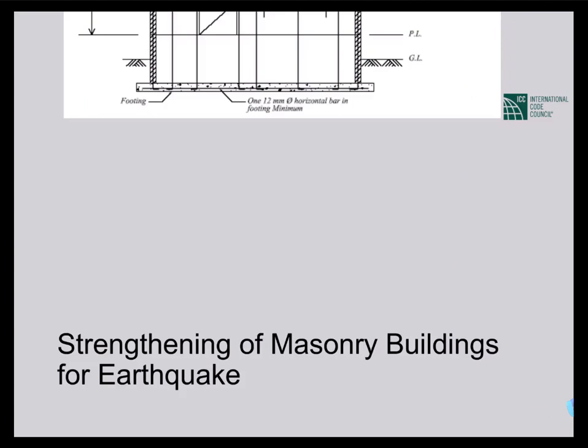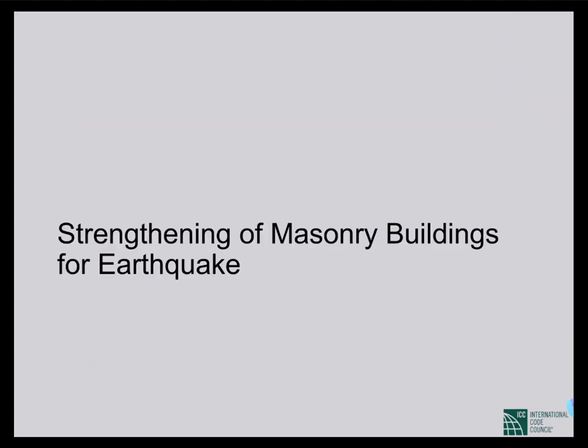So that was earthquake resistant design of masonry. So remember again, for seismic zones 2, 3, and 4, we cannot make purely unreinforced masonry. That is the traditional practice in our country. We don't use any reinforcement in masonry. But even if we want to build an unreinforced masonry building, at least these reinforcements have to be provided.